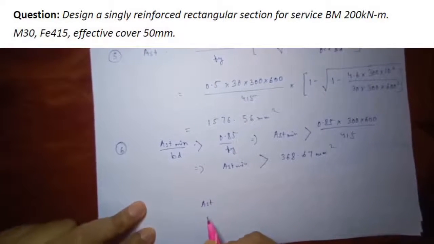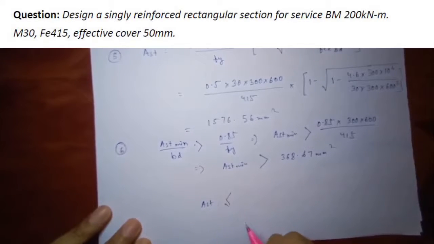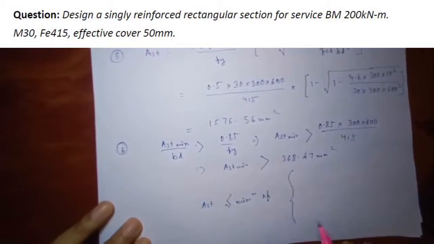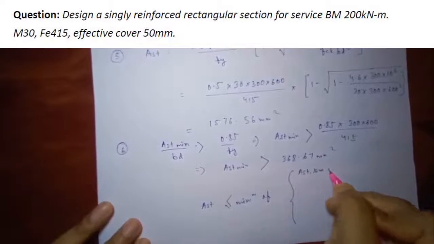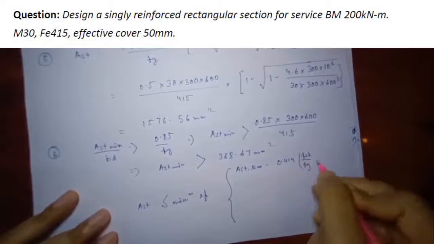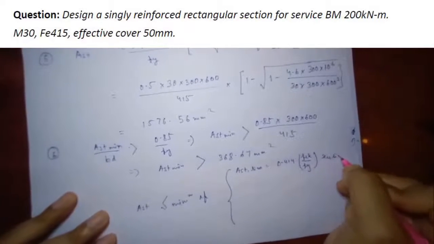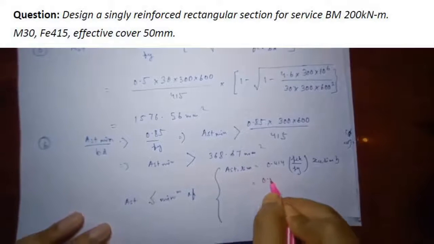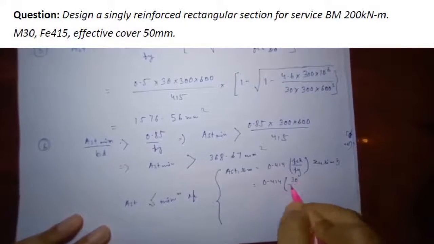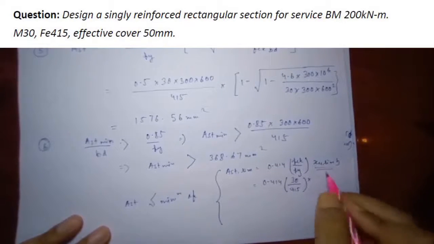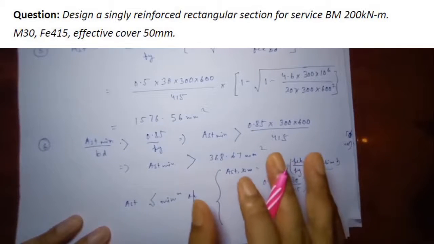AST should be less than or equal to the minimum of AST limit, that is 0.414 FCK upon Fy multiplied by XU limit B. This is our AST limit and it is given by 0.414 times 30 by 415 multiplied by 0.48 D, which will be our XU limit. 0.48 times the D, that is our XU limit for Fe415.